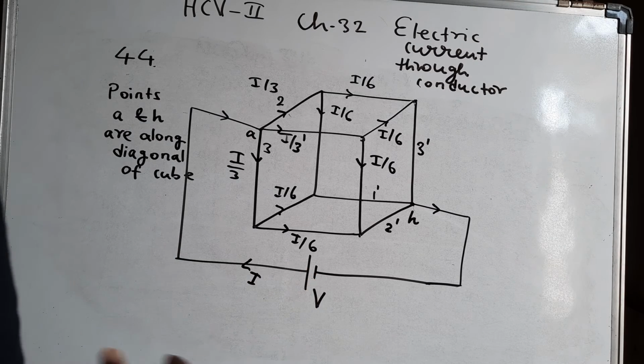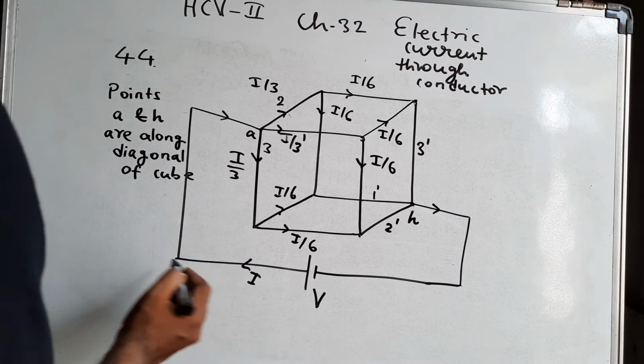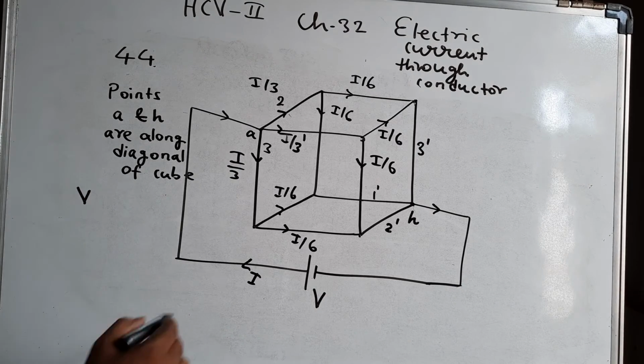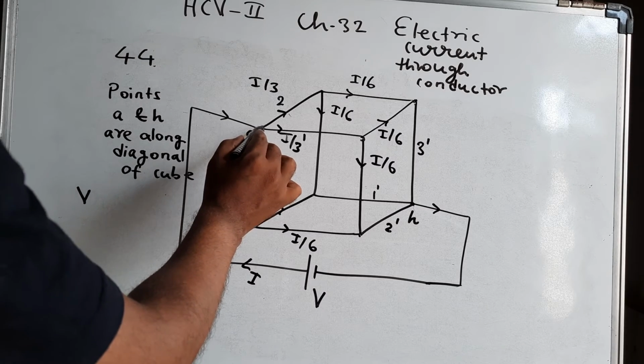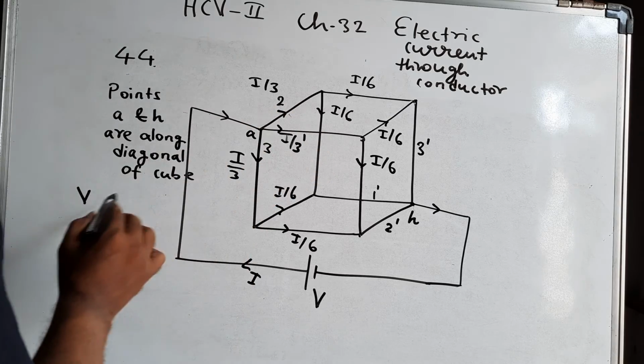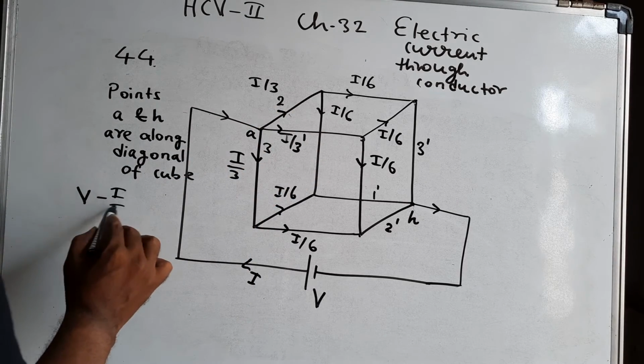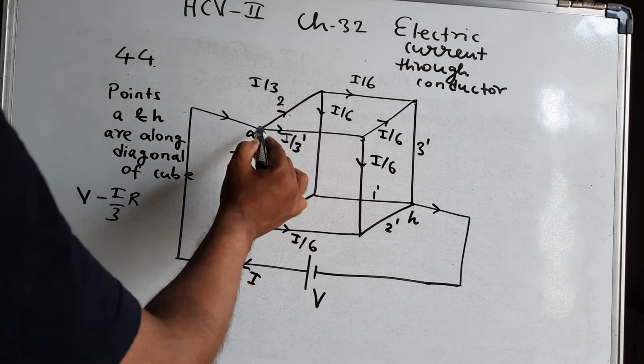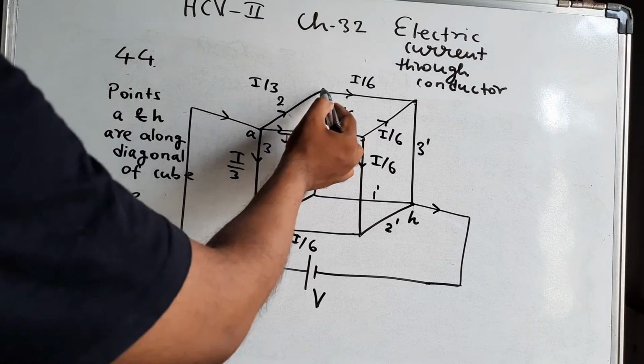For that we need to consider a loop including V. From here to here the change is V, and then from A to this point it will be minus I by 3 into R, where R is the resistance of this branch.